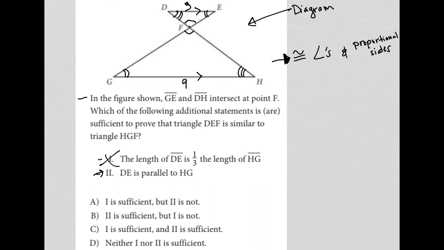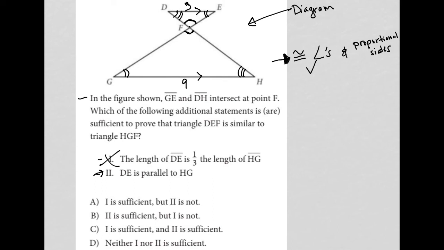So angle H and angle D are alternate interior, angle G and angle E are alternate interior. And if we put that together with what we could see here from the fact that these are vertical angles, that does check the box for the interior angles being all congruent.